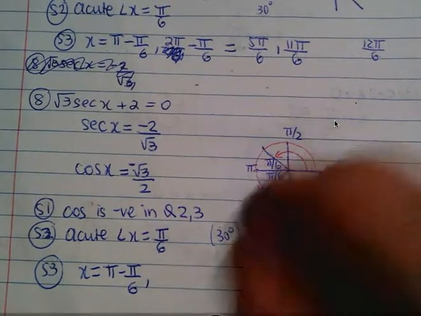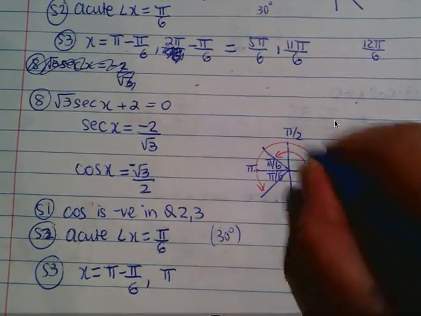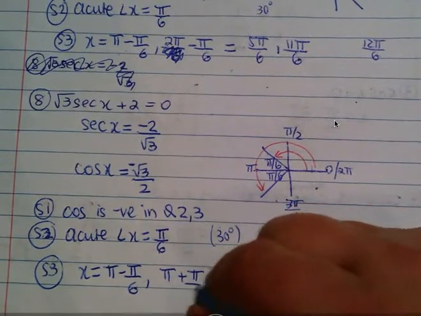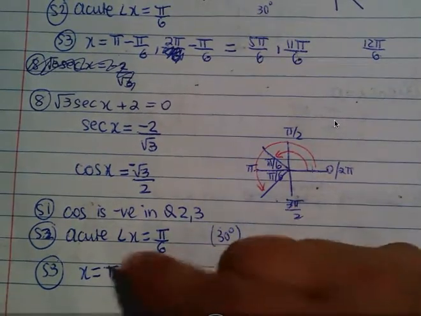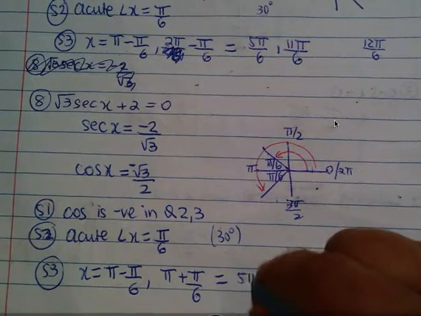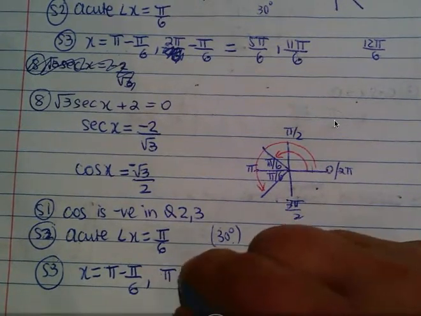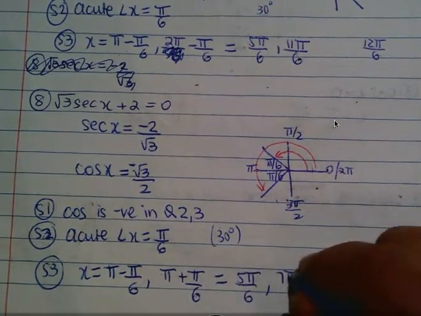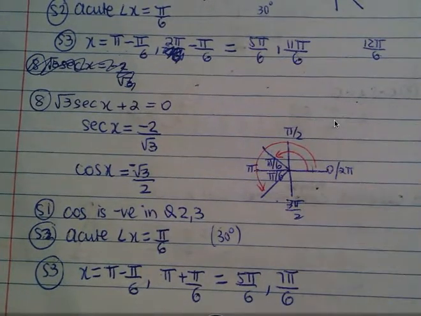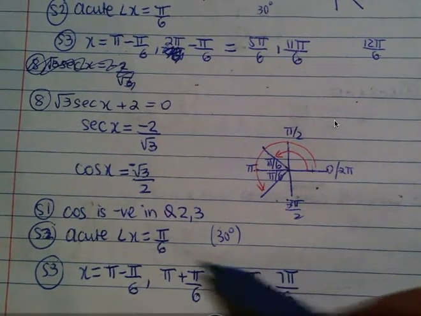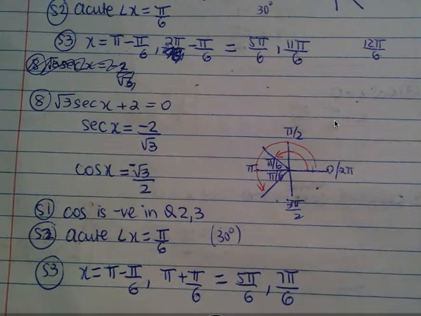And the second one will be 180 plus, or pi plus pi on 6. So 1 minus 1/6 is 5/6, so it's 5 pi on 6. And 1 plus 1/6 is 1 and 1/6, which is 7 pi on 6. So they're my solutions. X is 5 pi on 6 or 7 pi on 6.